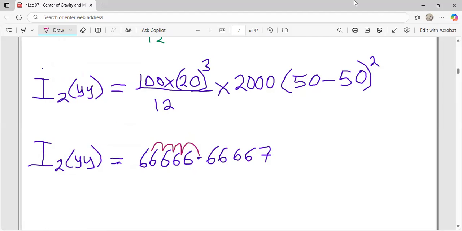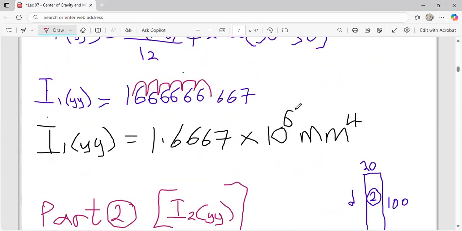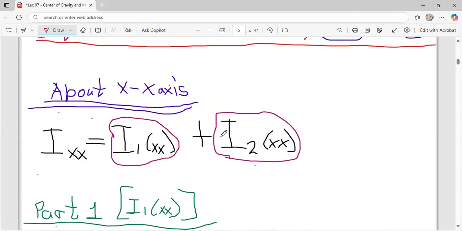If not, I would have written 6.6667 times 10 exponent 4. But because I don't want that, you can see that the others are in 10 exponent 6. This one too is in 10 exponent 6. I want all of them to be uniform.